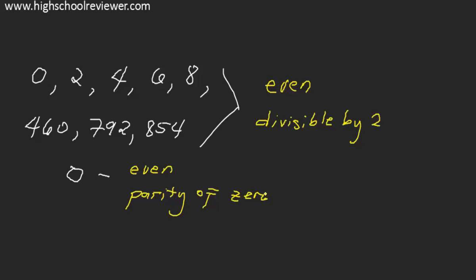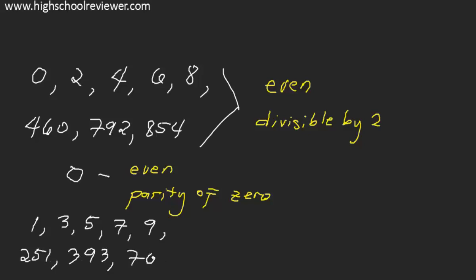So let us have another set of numbers. 1, 3, 5, 7, 9, 251, 393, 765, and 899. Okay. All these numbers, they are odd numbers.